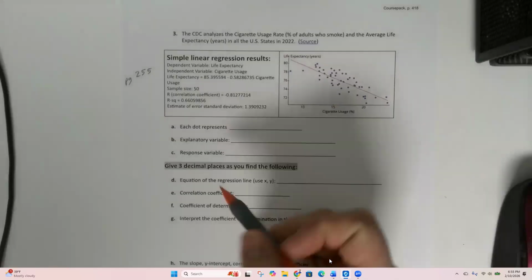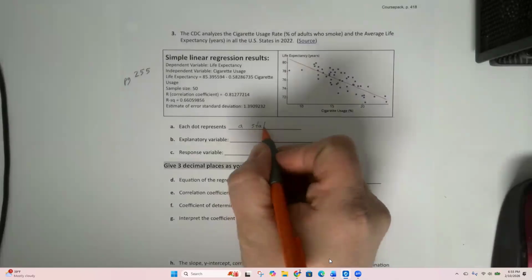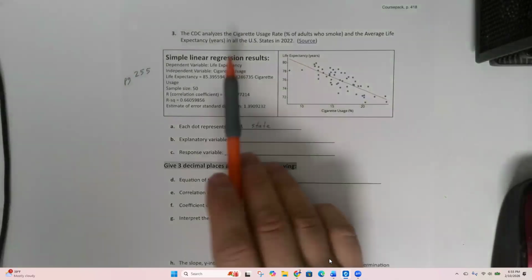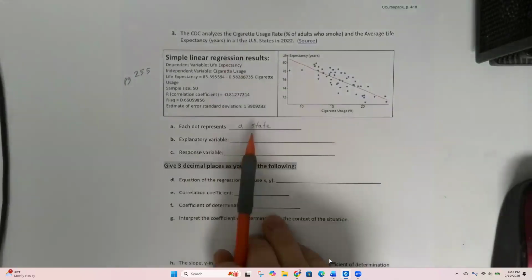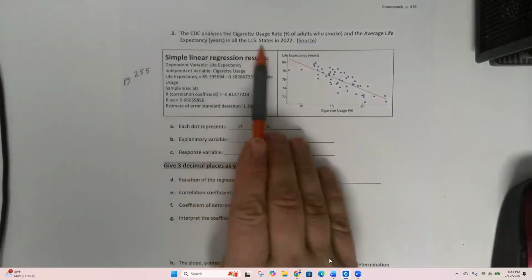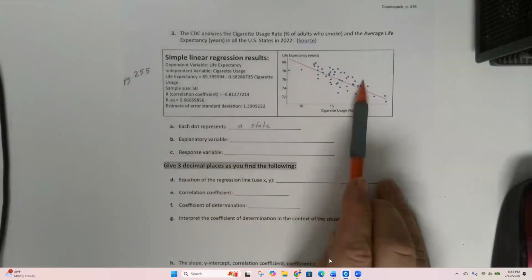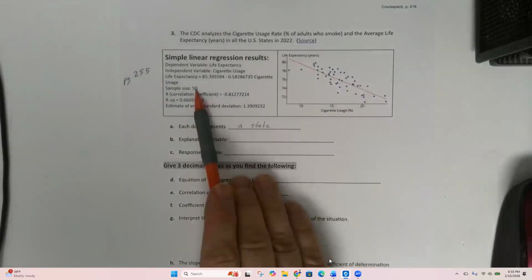Yeah. Thank you, Mary. Each dot represents a state. So we look at what our population or sample is, and in this case, they said we're looking at all U.S. states, so there should be 50 dots. I'm not going to ask you to count them, but they actually have the sample size right here for us, so there are 50.